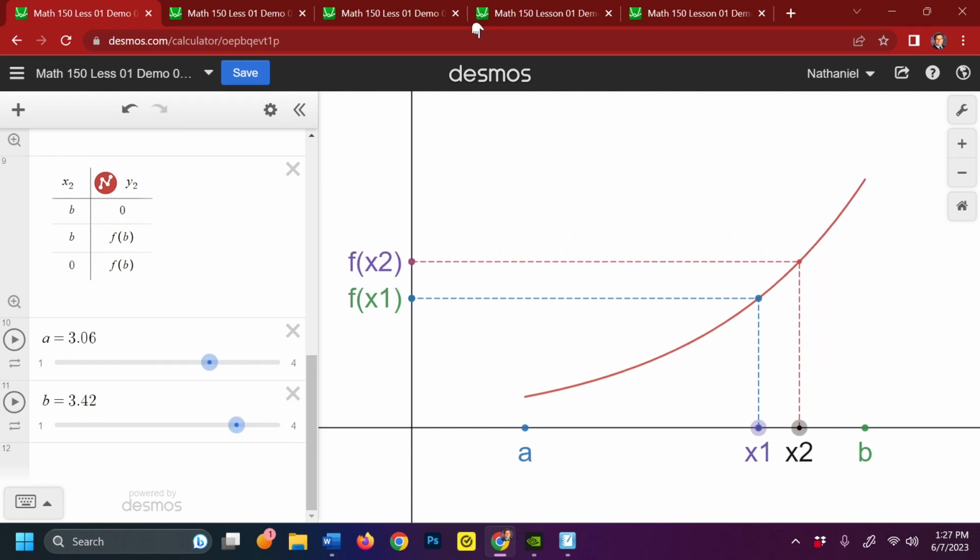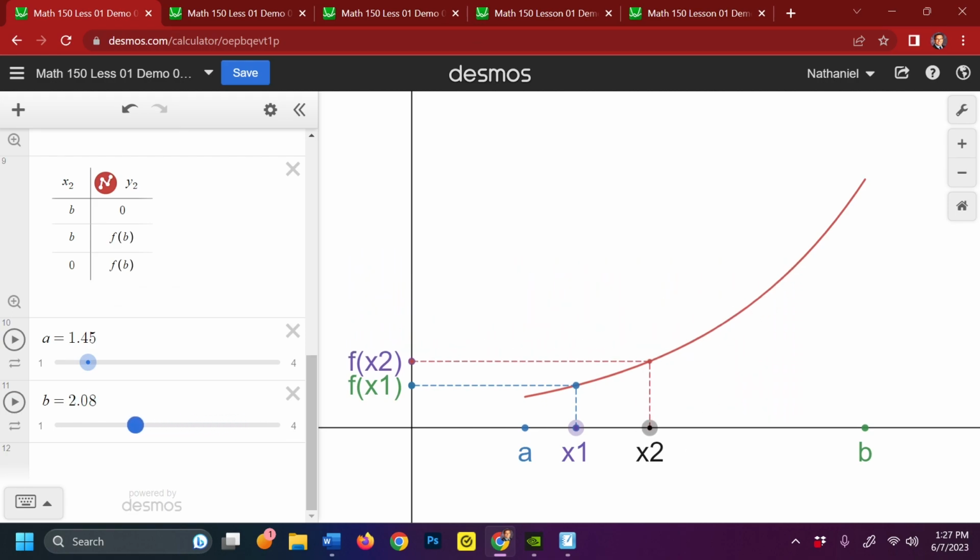Because again, when we're talking about our axis, as I go from left to right along the x-axis, things get bigger, and as I go from the bottom to the top along the y-axis, the y values get bigger. So in every instance from here to here, x1 is always less than x2. So if I move it down here, I still fulfill that particular constraint.